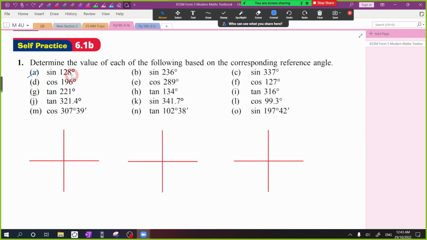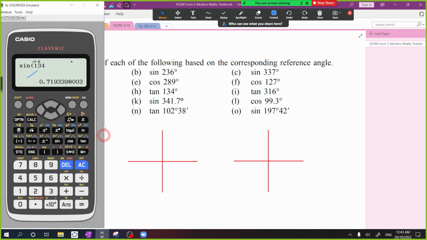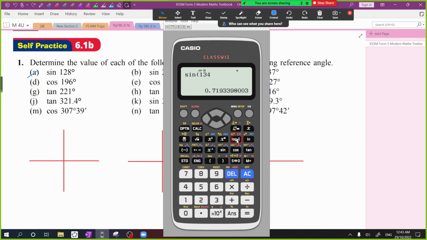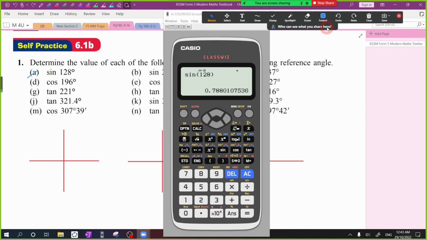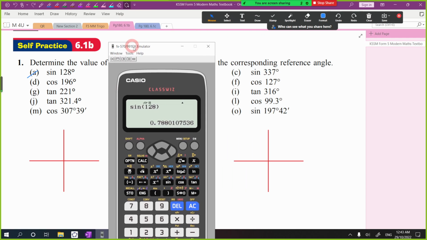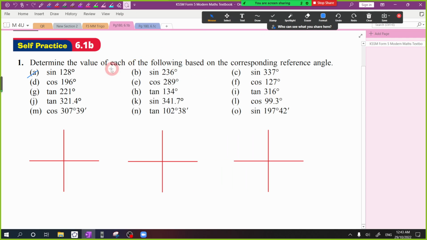So in this situation, yes, you can just press your calculator to get the answer. For example, you can just press 128 degree. But in this question, the question asks you to get the value based on the corresponding reference angle.